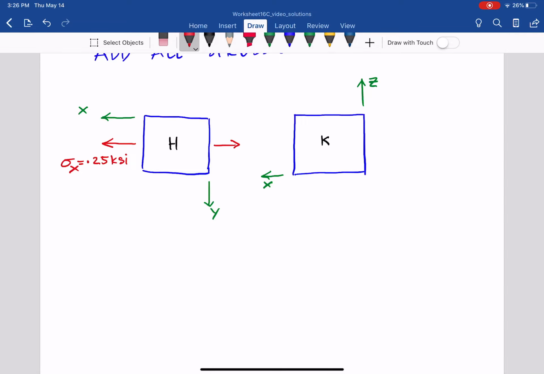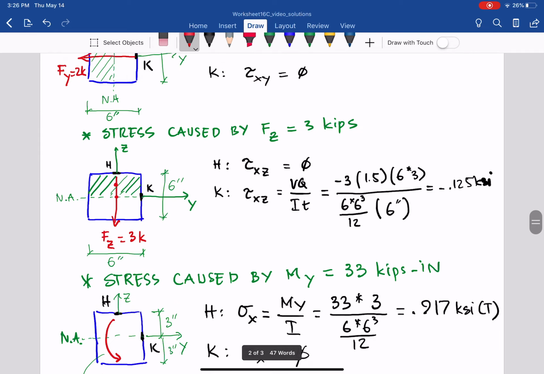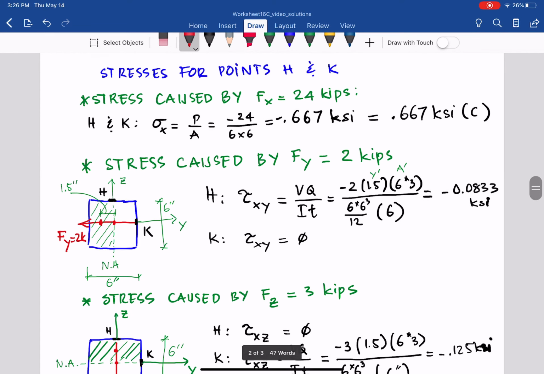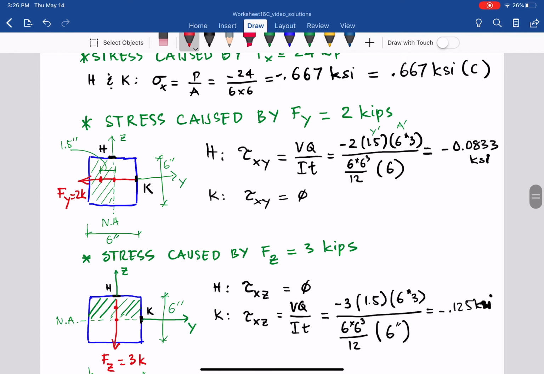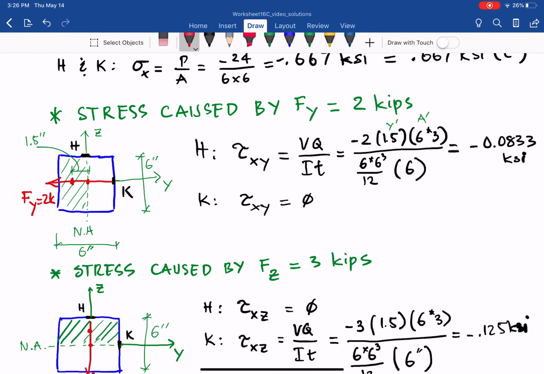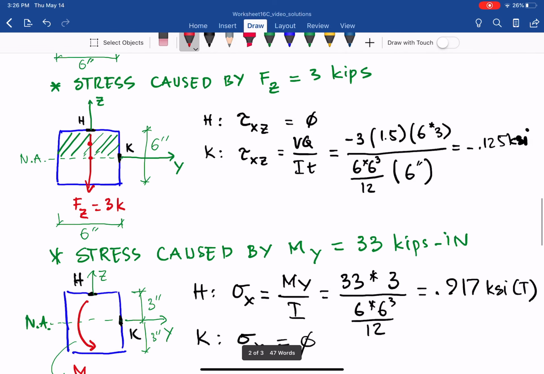And again, tau XY on point H, tau XY negative 0.0833, and nothing in here.